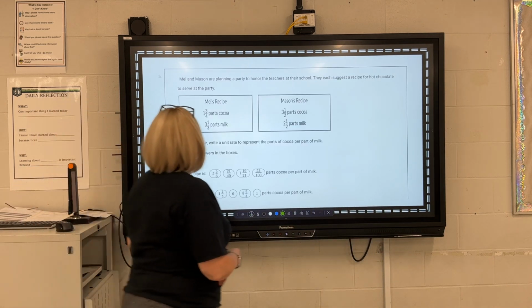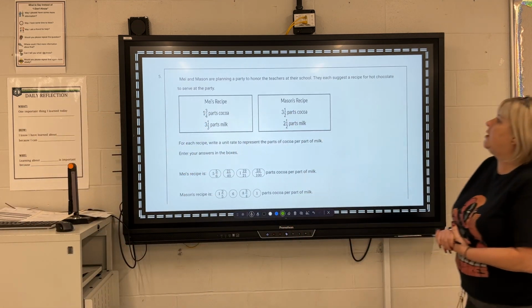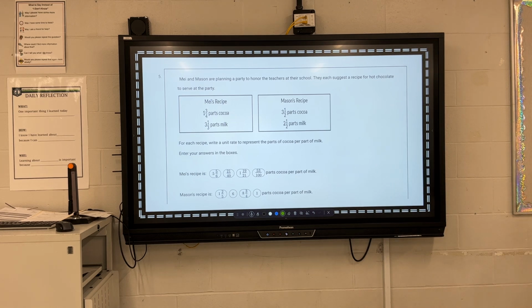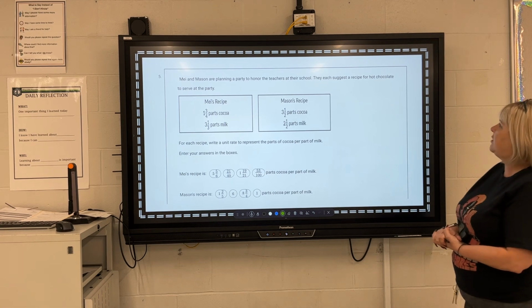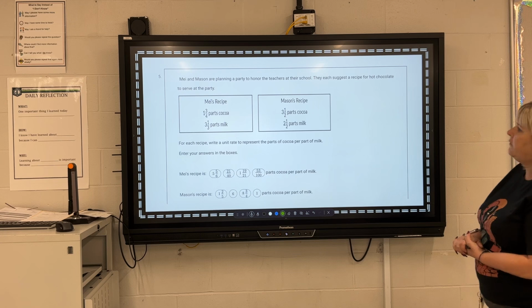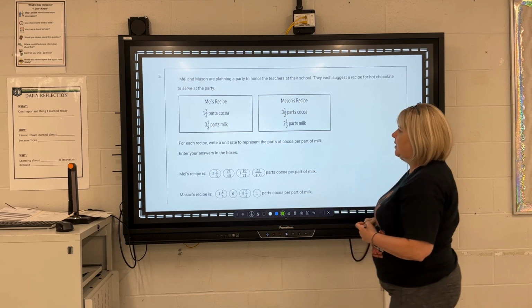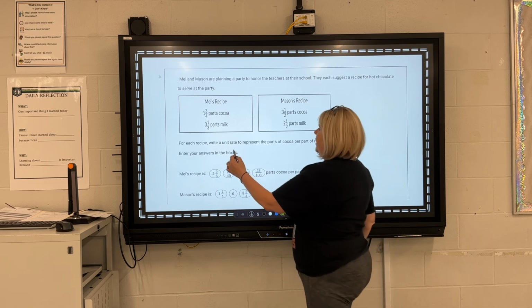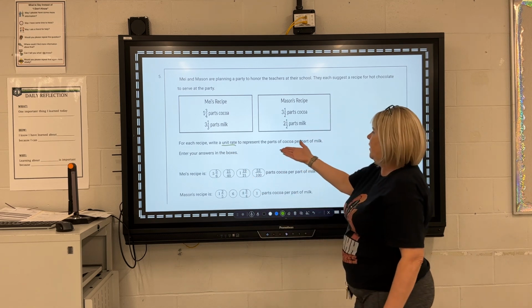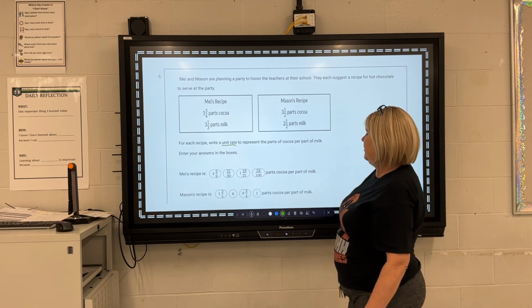Number 5, May and Mason are planning a party to honor the teachers at their school. They each suggest a recipe for hot chocolate to serve at the party. So you got May's recipe and Mason's recipe. They want to know the unit rate, the 2 parts of cocoa per parts of milk.